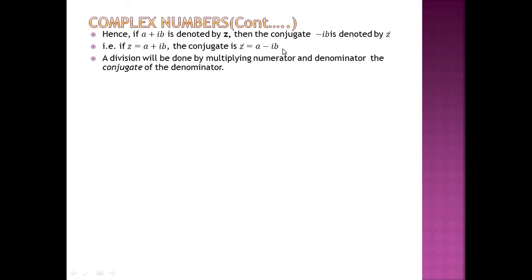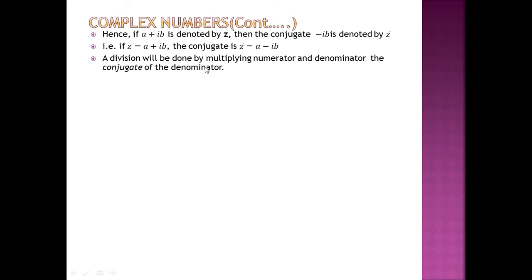Hence, if a plus ib is denoted by z, then the conjugate a minus ib is denoted by z bar. If z is equal to a plus ib, then the conjugate, which is z bar, is equal to a minus ib.